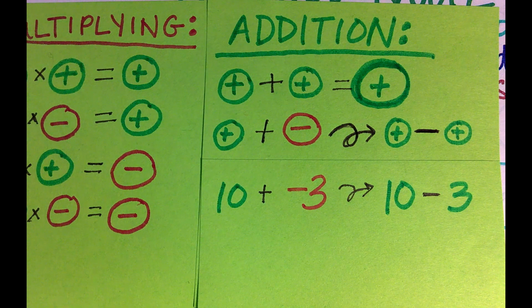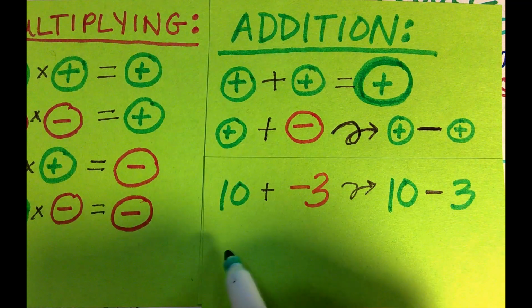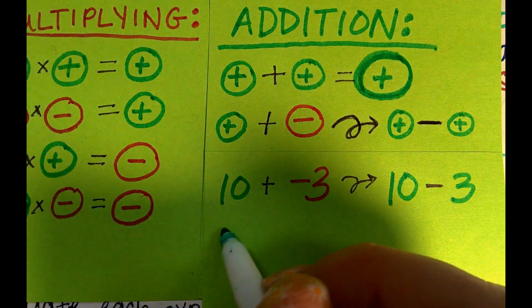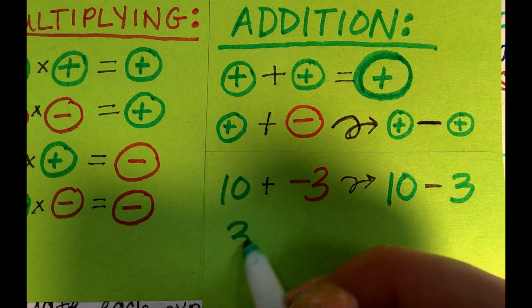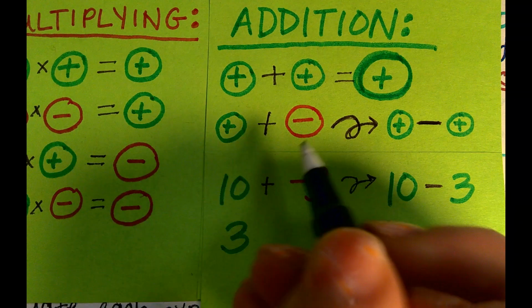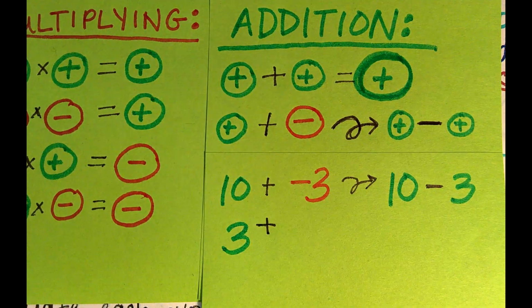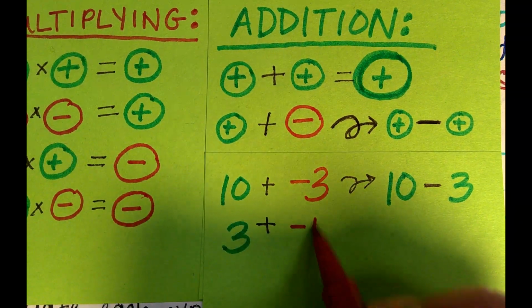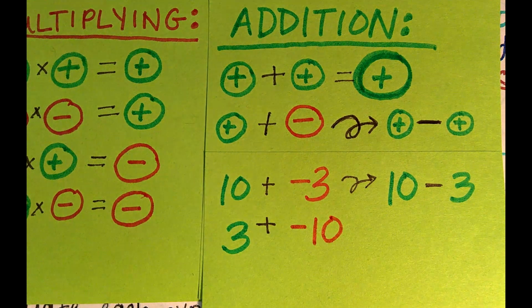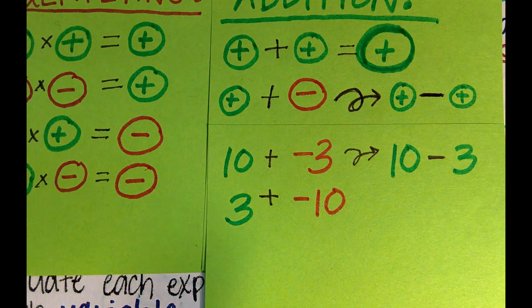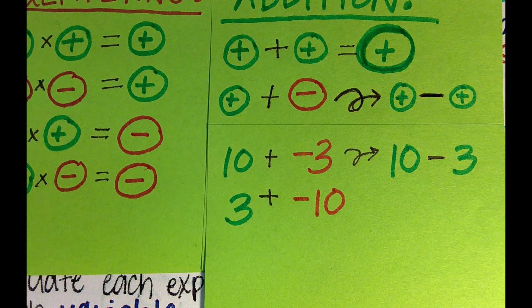Let's see. What if I had 3 plus -10? That's a little trickier because we're subtracting a bigger number, right?